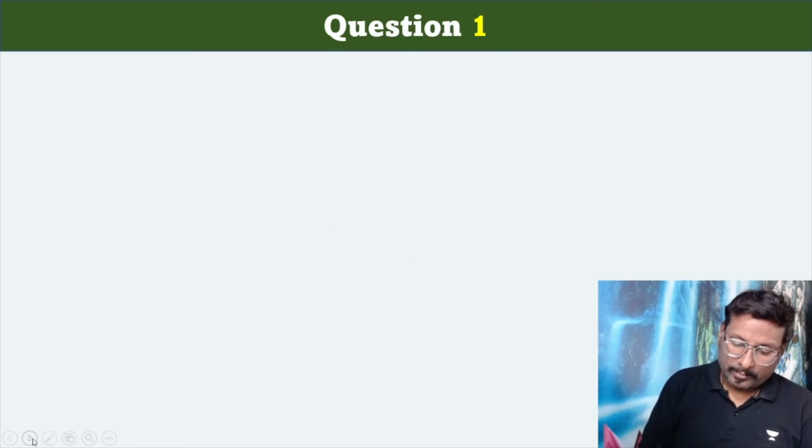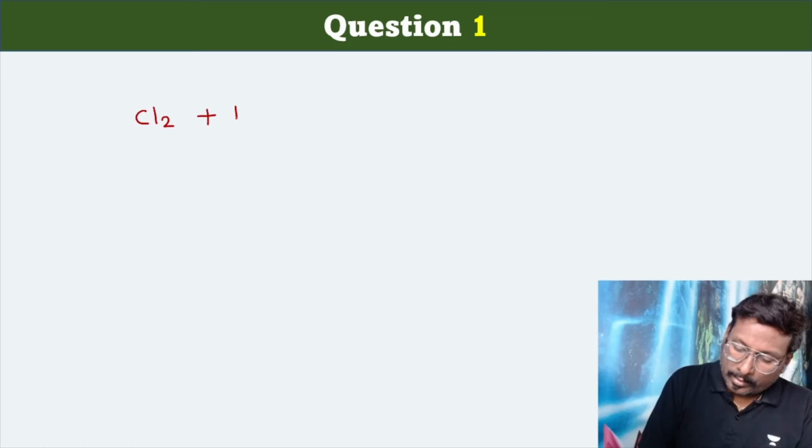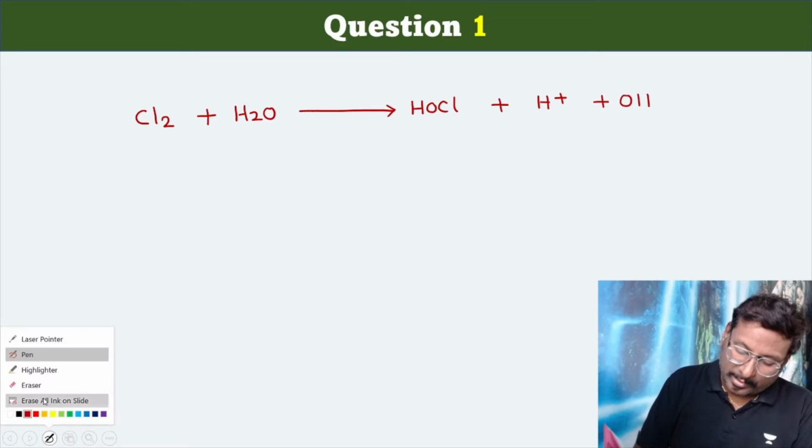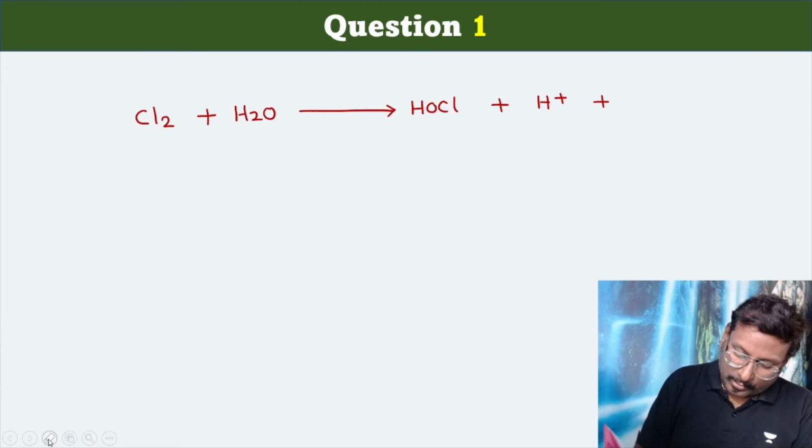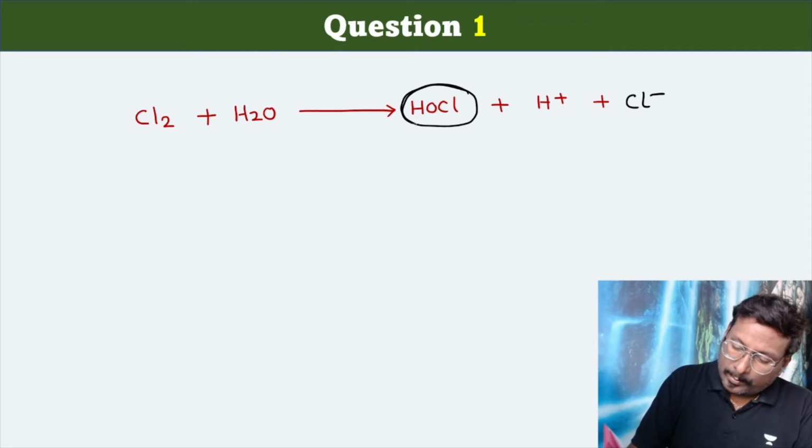When chlorine is added into water, it breaks down into HOCl plus H plus Cl minus. This is hypochlorous acid.